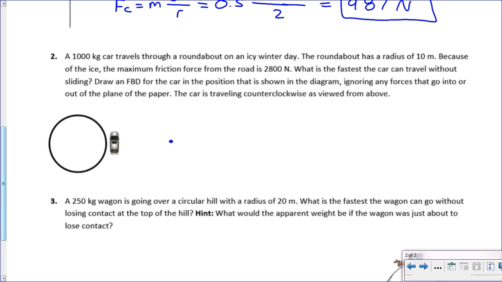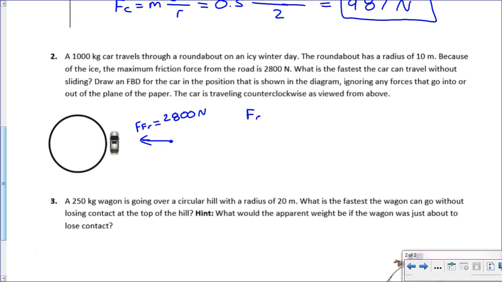If we're looking at it from above, we're going to ignore gravity, which goes into the page, and we're also going to ignore a normal force that comes out of the page. And so really at this point, all we've got is a friction force, all right, pushing it toward the center of the circle. That friction force equals 2,800 newtons, we know. All right, and so that friction force really, in this case, is the centripetal force.